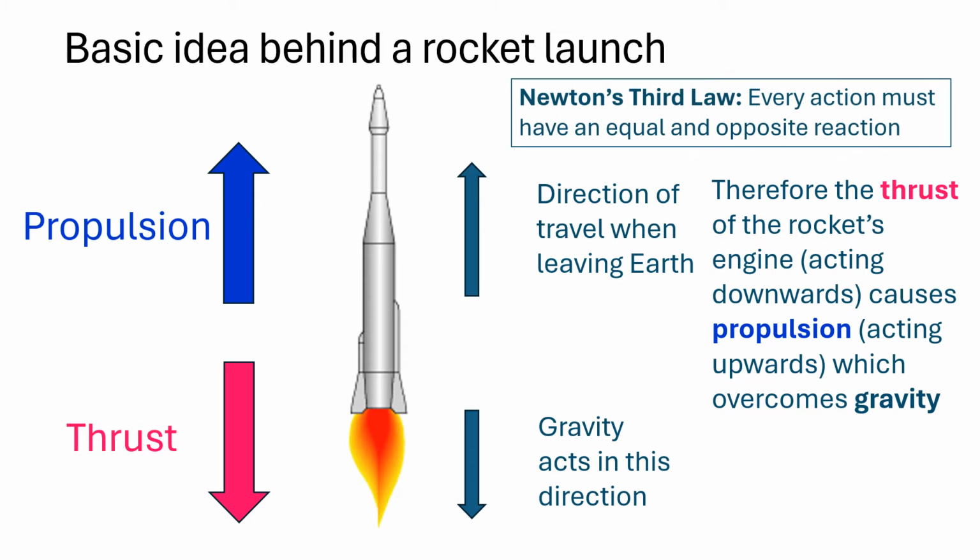So this is based on Newton's third law of motion, which states every action must have an equal and opposite reaction. So if your thrust is your action, your propulsion is the reaction. And you can see the arrows are the same size because the force is the same in each case. Now the idea is that in a successful rocket launch, the propulsion will be sufficient to overcome the gravity. So you can see the gravity arrow is smaller and the propulsion arrow is bigger.